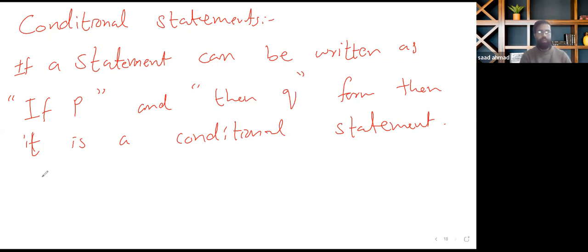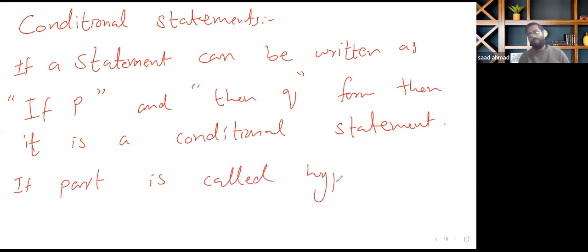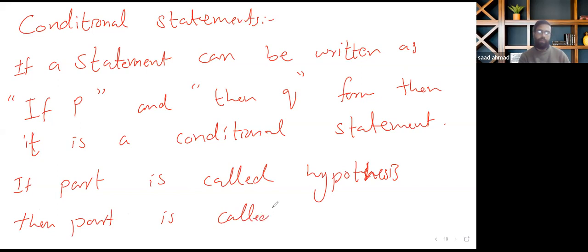The P part, the if part, or you can say if P, is called the hypothesis, and the then part is called the conclusion.